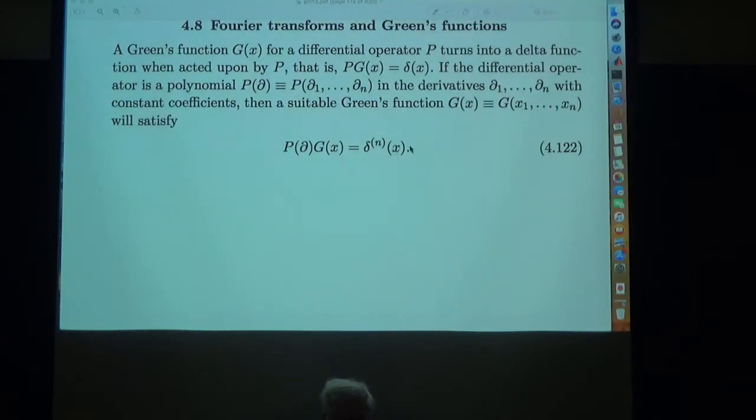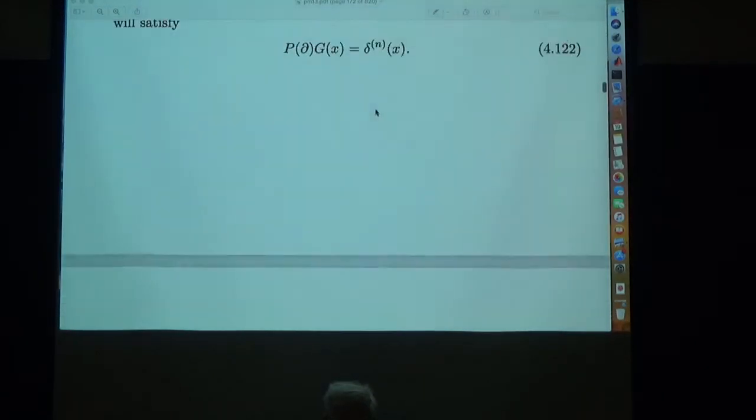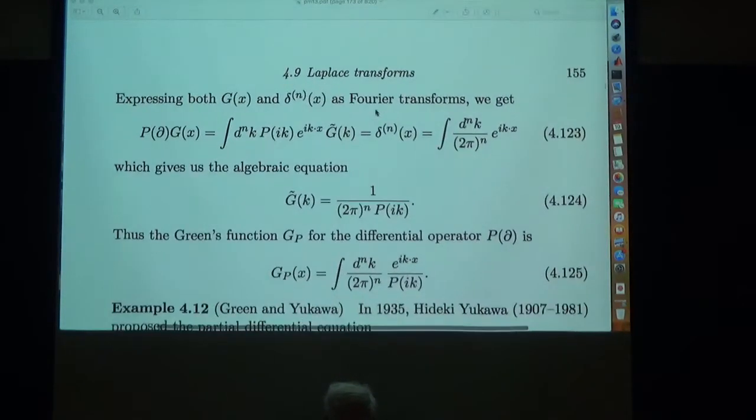What you do is you just write down this equation, and then you write G as a Fourier transform. So G is some Fourier transform of its Fourier transform, and P is a polynomial in derivatives. And when that P hits e to the ikx, it turns P into a polynomial of ik. And you want that to be the n-dimensional delta function, which is this.